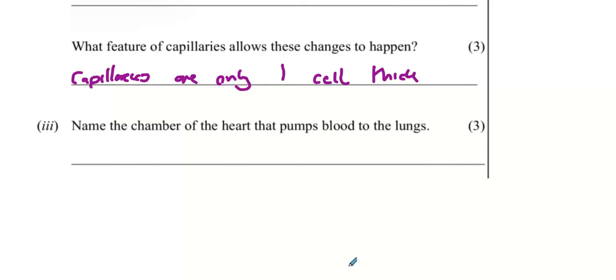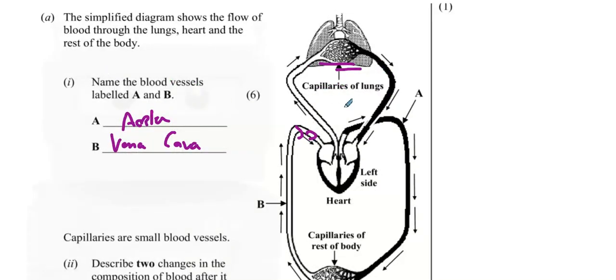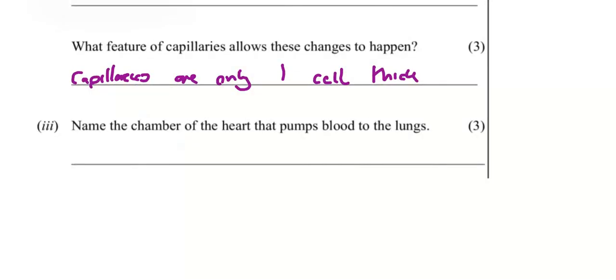And then the chamber of the heart that pumps blood to the lungs. This blood here is on its way to the lungs, which means it comes from here, which means it comes from the right ventricle. The other side is the left ventricle. So this is the right ventricle. Okay, let's move on.